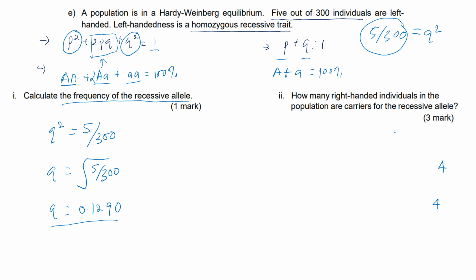In the next question, it says how many right-handed individuals in the population are carriers for the recessive allele. How many right-handed individuals are carriers? Right-handed is the dominant trait, but they are heterozygous because they are carriers.